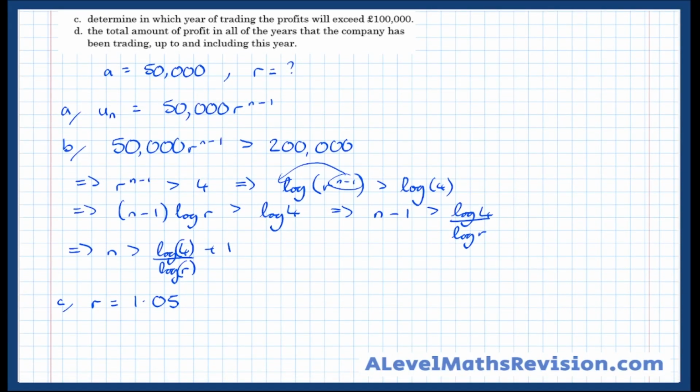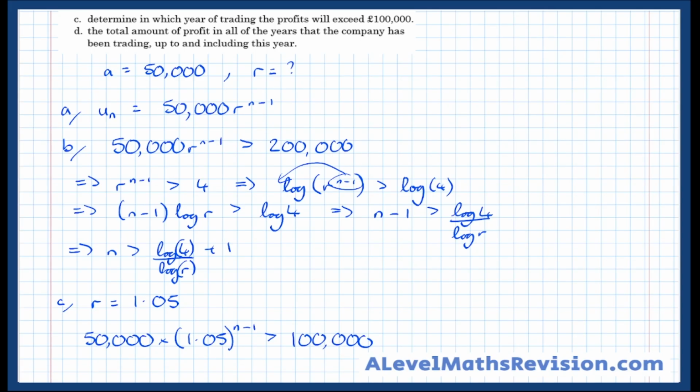So we want where u_n, i.e. 50,000, and this time we know that r is 1.05, to the n minus 1 is bigger than 100,000. So let's try and spot the similarity between this answer that we're about to find and this question here.